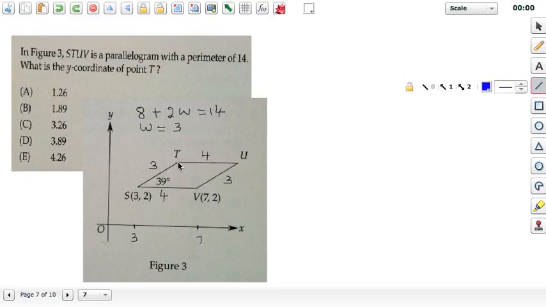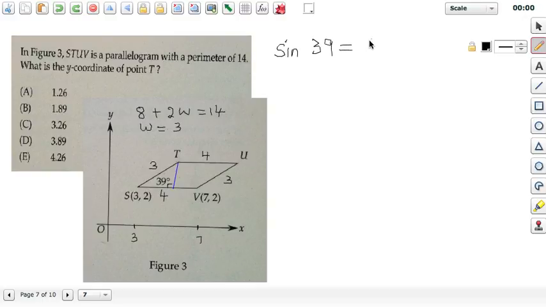Now if you dropped a perpendicular line down here, you can use your sine rule again to figure out the height of this side here. So let's go ahead and do this. So sine 39 is equal to the opposite side over the hypotenuse, which is 3.